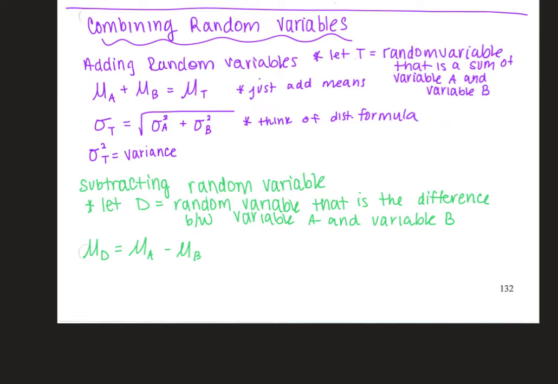Now think about the distance formula again. You never subtract when you're doing the distance formula. You don't want to risk having a negative number under the square root. So the standard deviation, even though you're doing a difference, you're still going to add the variances. Notice how I'm still adding.